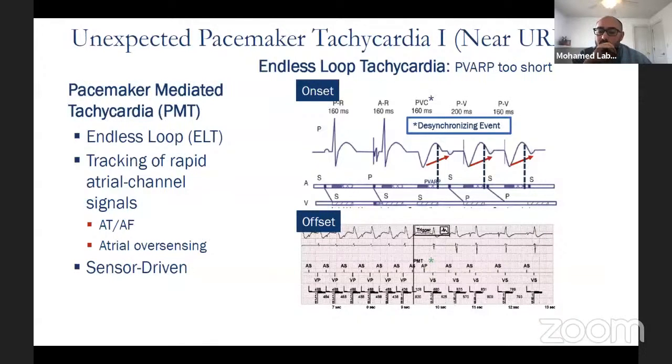So sometimes we just go down to the MRI with a programmer, make everyone comfortable, and just do it during daytime. But you ask yourself at the end of the day, is it worth it to do an MRI and go through all this? Bottom line, I think probably you will be safe. There is a lot of data on abandoned leads and even non-MRI compatible devices and doing MRI, including cardiac MRI. But is it worth it to go through all this trouble with the radiologist? I'm not sure.